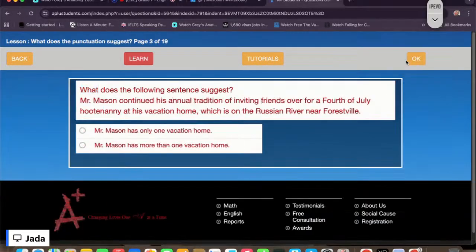So we have: Mr. Mason continued his annual tradition of inviting friends over for a 4th of July hootenanny at his vacation home, which is on the Russian River near Forestville. Is it first or second?